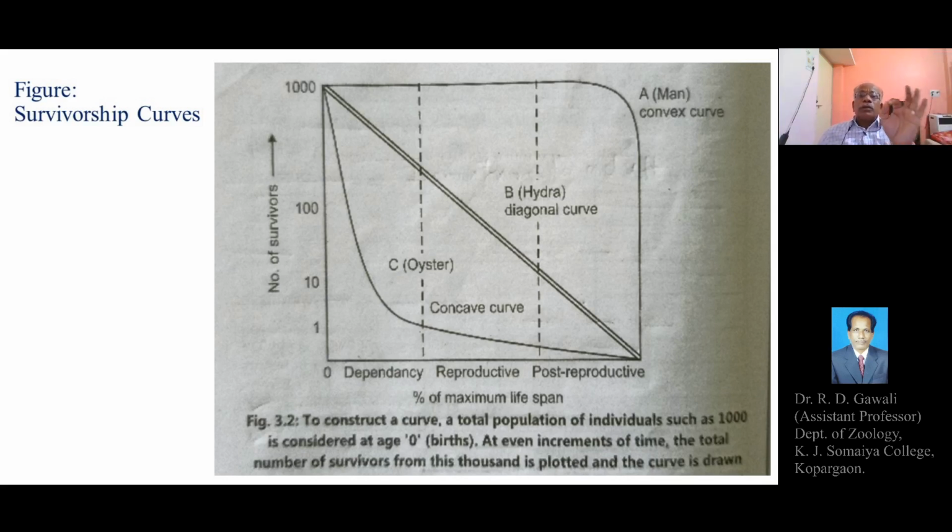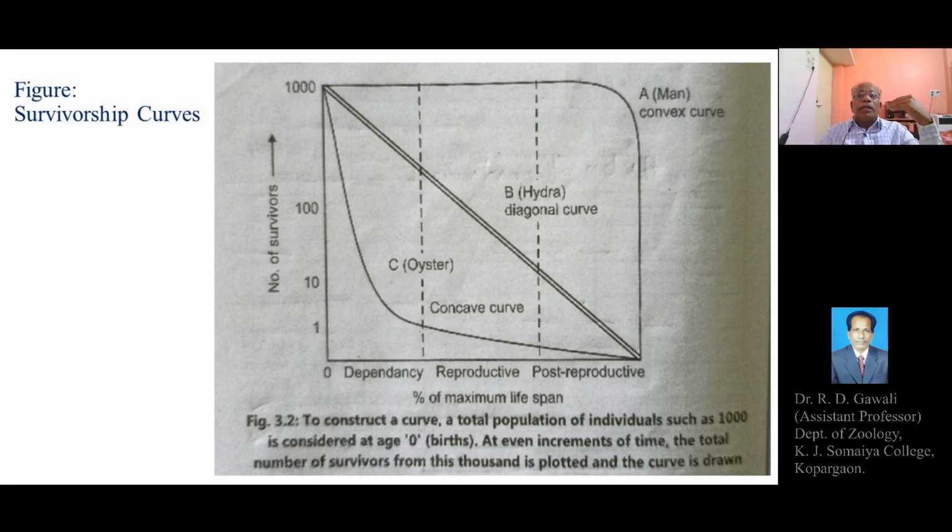If we observe the plot or the curves in the diagram, you can see in the first period of dependency, the line goes down directly, reaching between 1 and 10 only, meaning the chances of survival of the individuals is only 10%, meaning about 90%, about 99% of the individuals die.